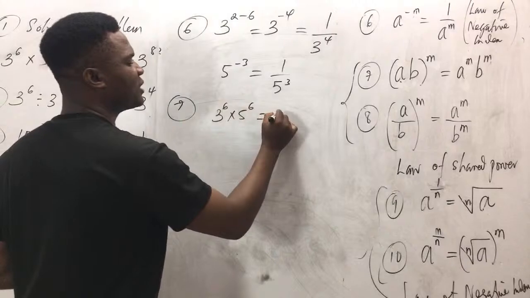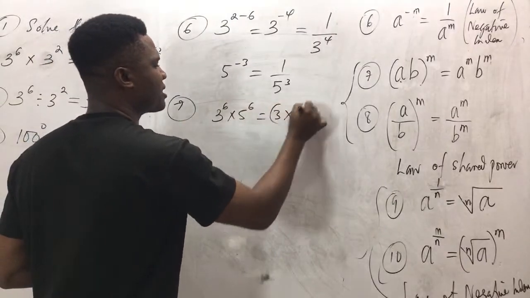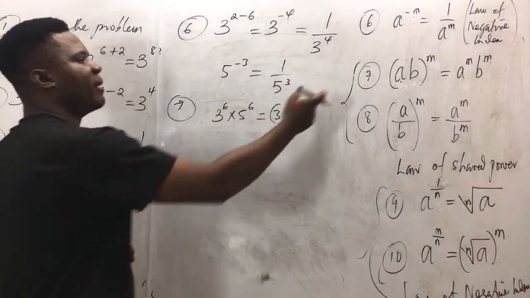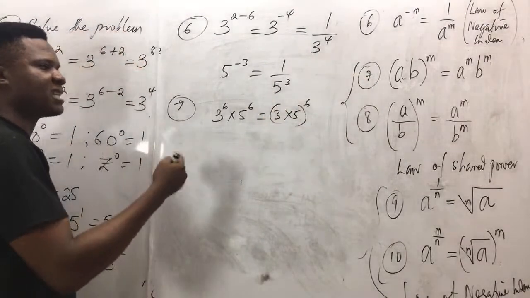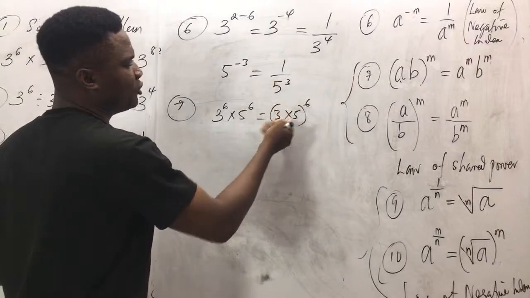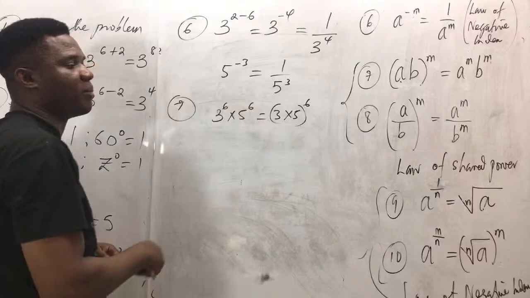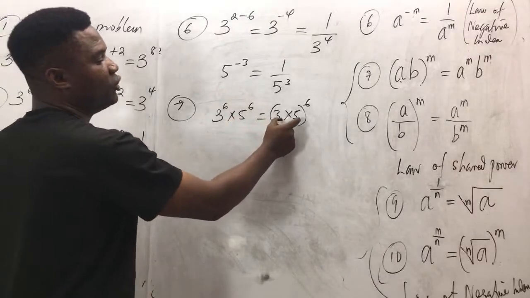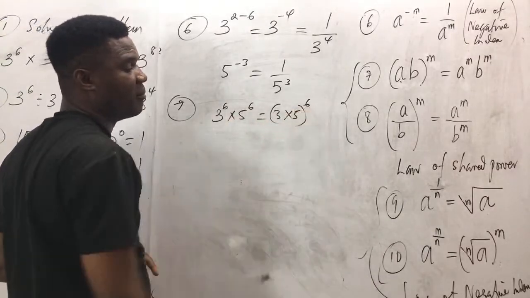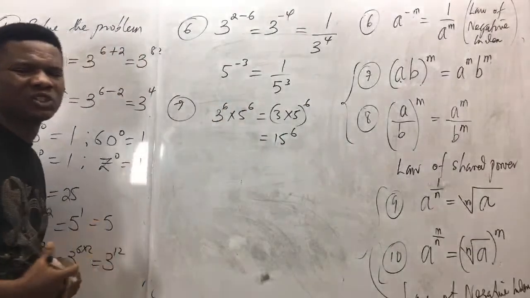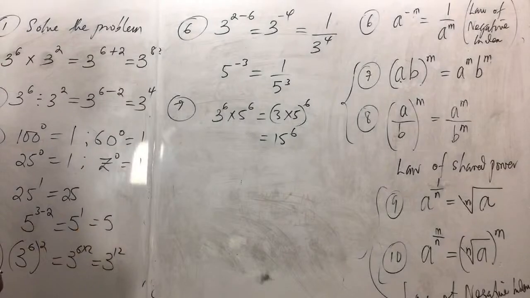I could simplify this problem to say 3 times 5 raised to power 6. Why do I have the audacity to do this? I am justified by law number 7. Law number 7 gives me the audacity to do this, because when two or more bases are different but carrying the same power in multiplication, then you can multiply the bases and raise the product to the same power. So that would end up giving me 15 raised to power 6. And that's an application of law number 7.